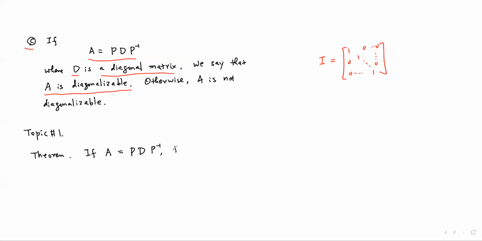Then part A, the columns of matrix P are linearly independent.